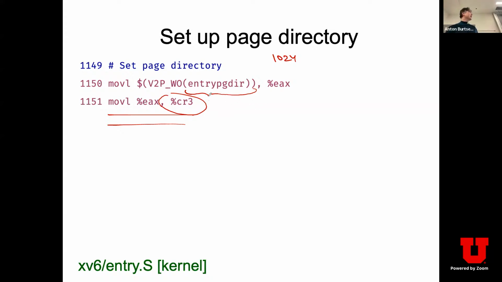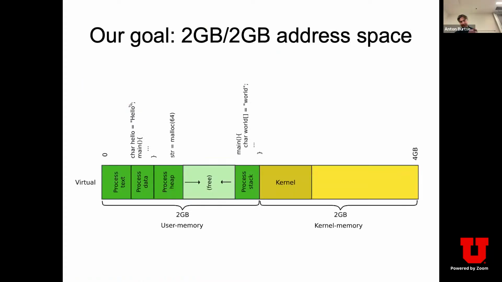Entry stands for the page table, which is only used during the system boot. We load it in the register EAX, and then we load register EAX in the control register 3, right? At this point, the hardware is ready to use paging, but it's not on yet, right? So let's take a look at what we're doing here.